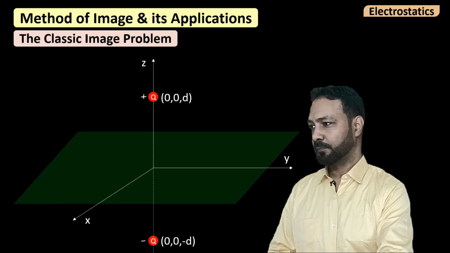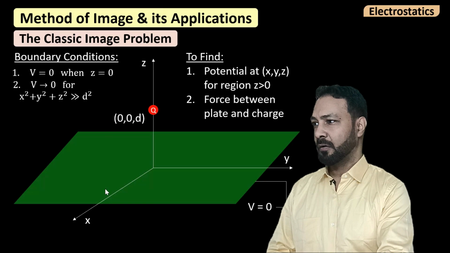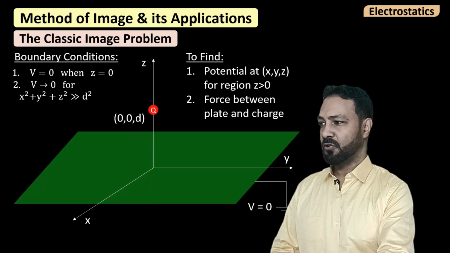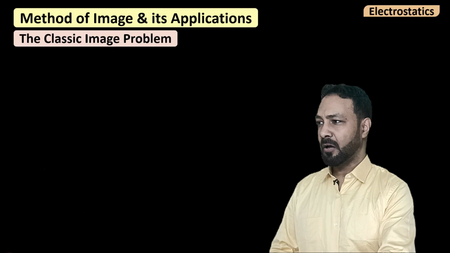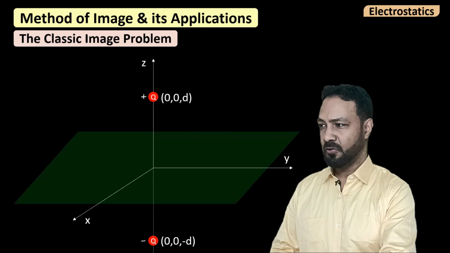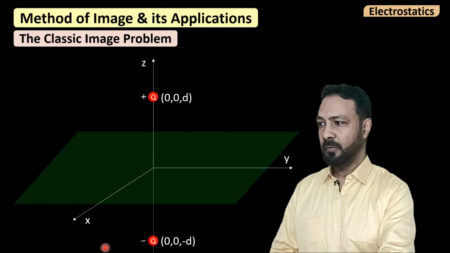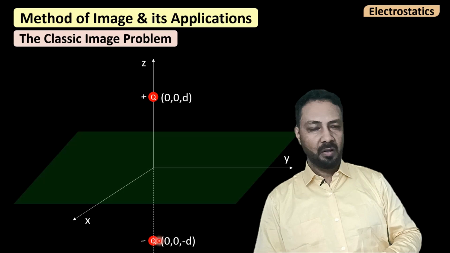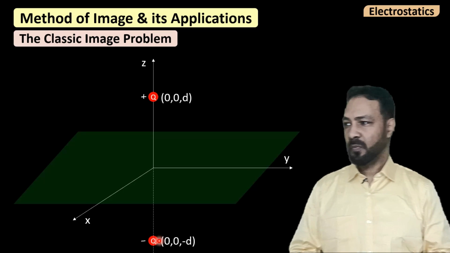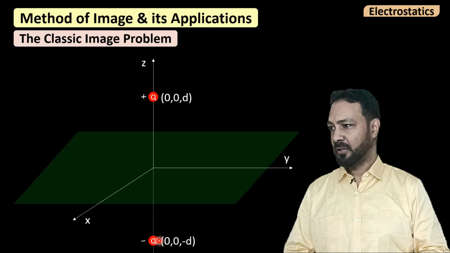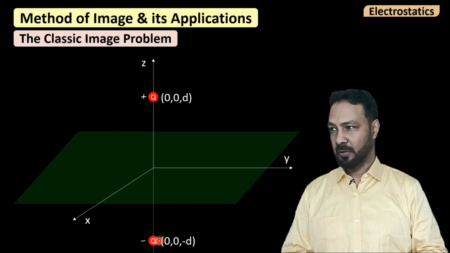Now there is no conducting sheet, but I have put another point charge of minus Q at (0, 0, minus d).